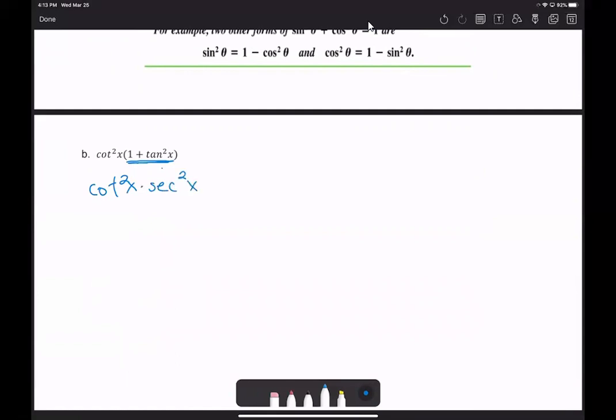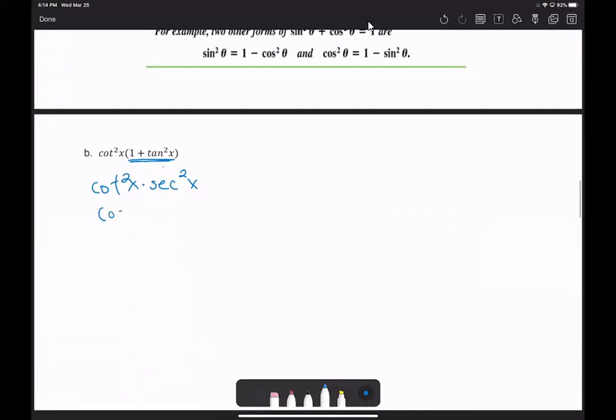And then, now that we've replaced that binomial with a monomial, we can replace these two with a definition in terms of sine or cosine. So we know cotangent is cosine squared x over sine squared x, and secant is 1 over cosine squared x. Notice that we are able to cancel the cosines.